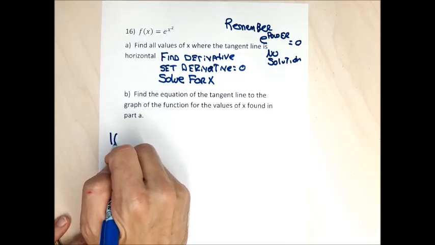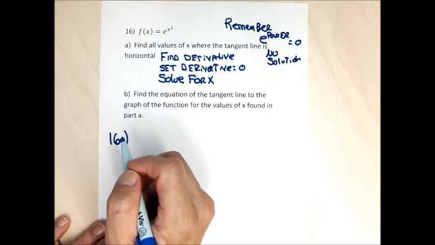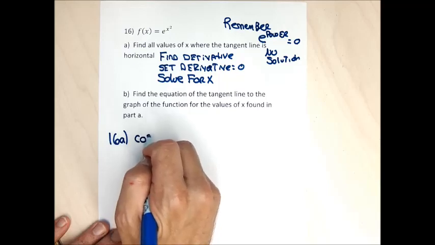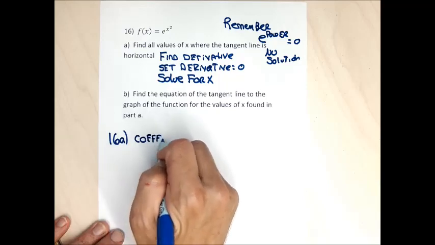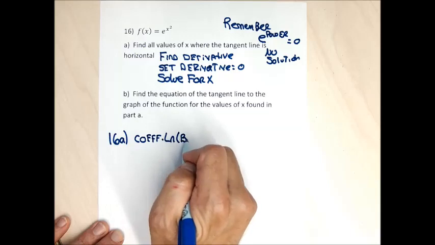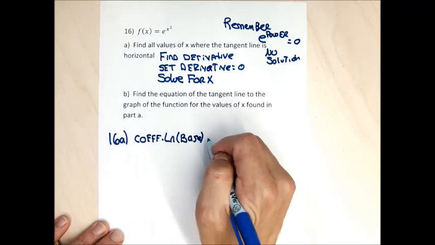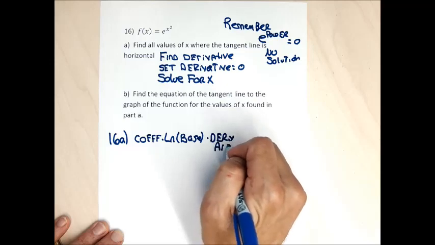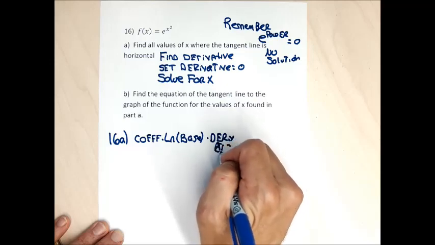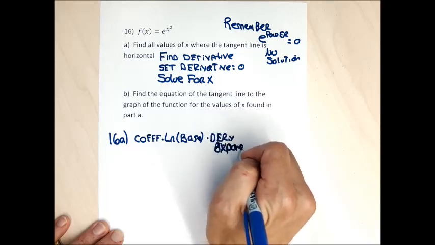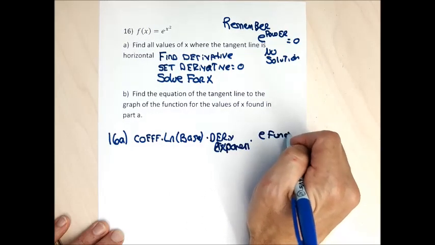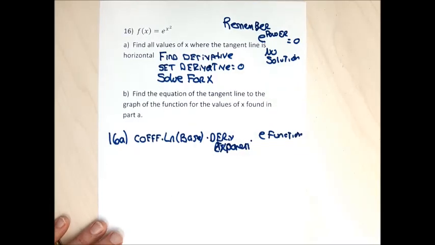As I go to do 16a, to do the derivative, technically the derivative of an e is the coefficient times the natural log of the base times the derivative of the exponent, times the e function, or times the exponential piece.